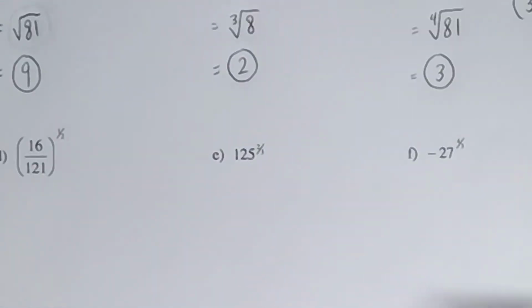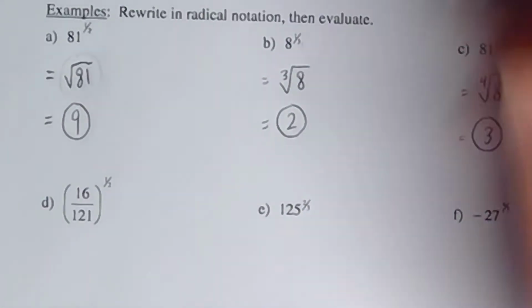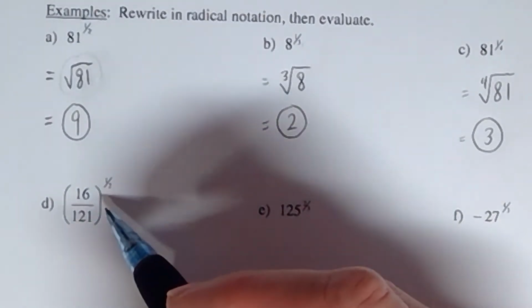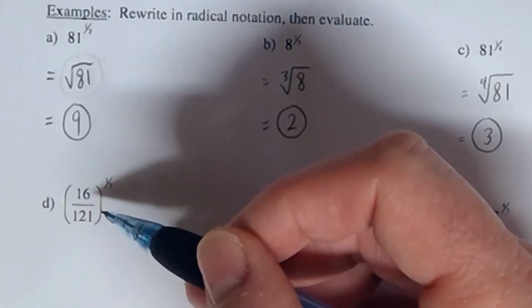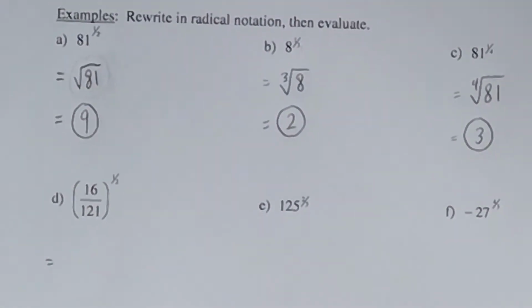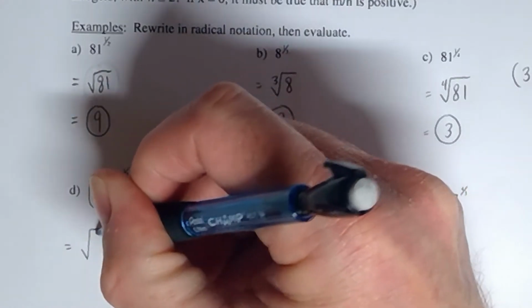Next one here. Remember, when you have a bracket next to an exponent, whether it's a fraction exponent or just a regular exponent, then the entire thing inside the bracket is taken to that power. So that means the entire thing inside the bracket goes inside of the radical, because that's the rule.